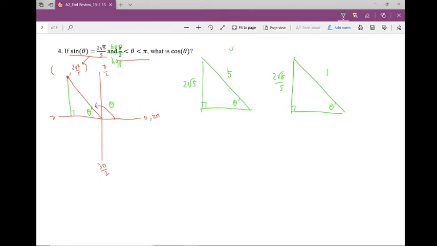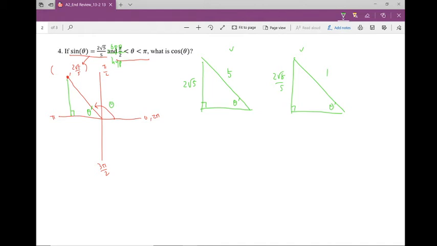It doesn't matter which triangle you use, because in both triangles, the sine value as a ratio of opposite over hypotenuse is going to be 2 square root of 5 over 5 regardless of which triangle you use. So it doesn't really matter. For simplicity's sake though, I'm going to use the first triangle.